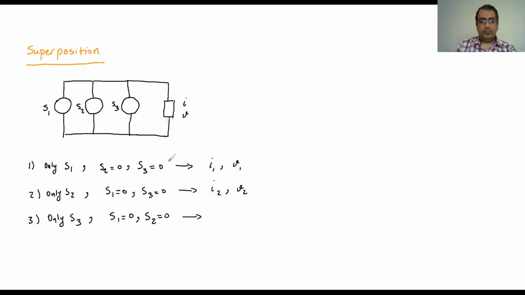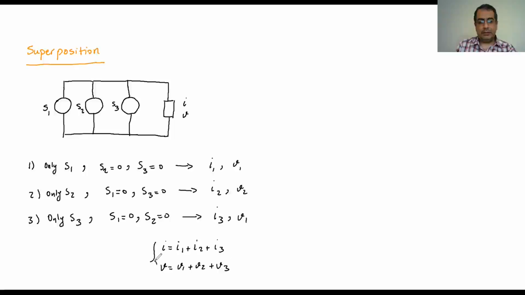And then I calculate whatever current and voltage I get here. I'm going to assume it's I3 and V3. Then when I want to see what the I and V are, the I in this element is just adding I1 plus I2 plus I3, and the V is V1 plus V2 plus V3.